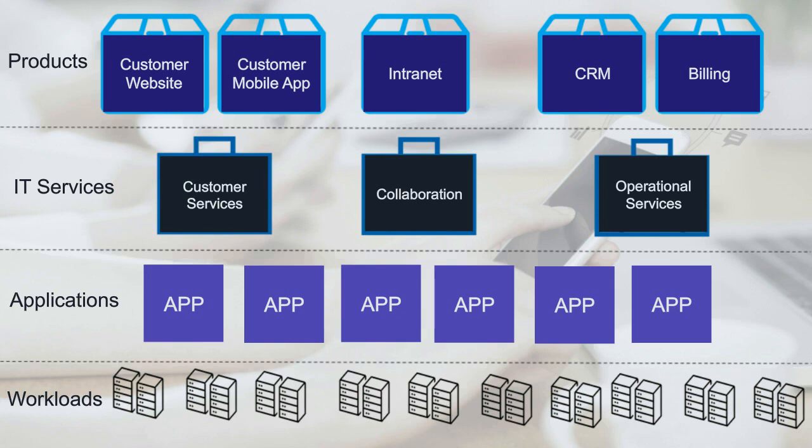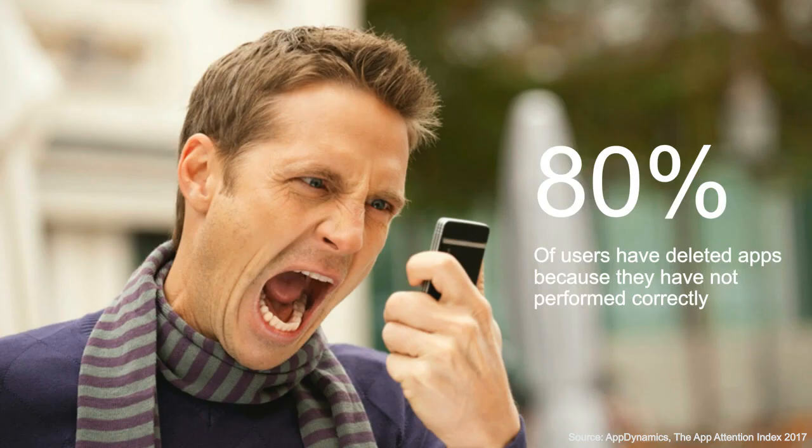And when it comes to the reliability of IT services, performance is absolutely key. In fact, performance is key to delivering great IT services. Today, performance is synonymous with availability. And last year we did a global study called the App Attention Index, in which we surveyed consumers all around the world in regards to their expectations of performance. And what we found was that 80% of users have deleted apps because they've not performed correctly.